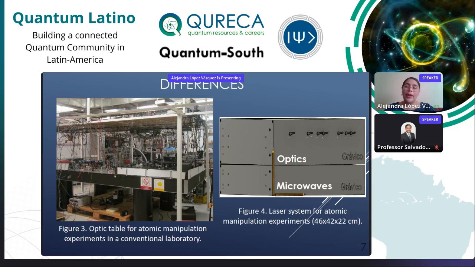Un módulo que lleva toda la óptica del experimento y un módulo que lleva toda la parte de microondas y electrónica del experimento.